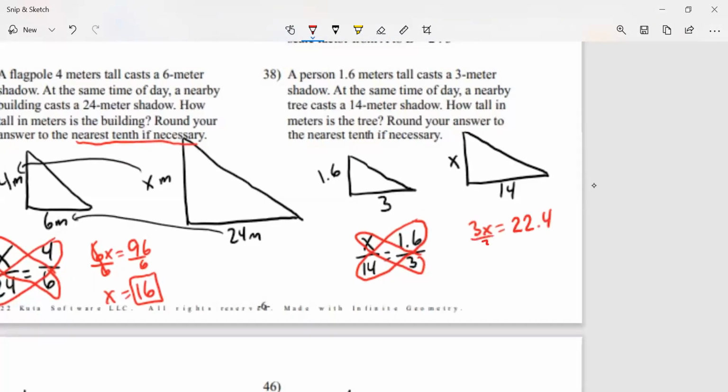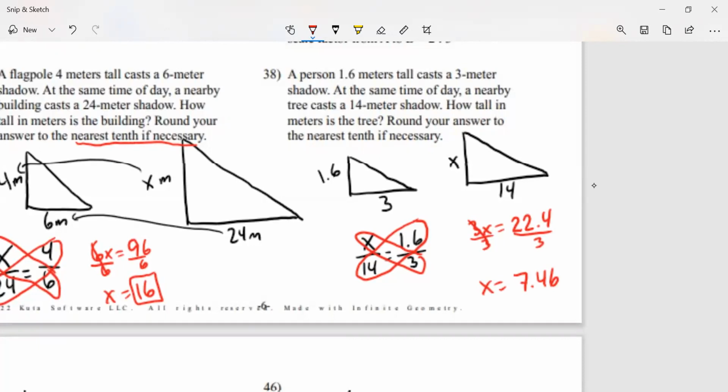Let me divide by 3. 22.4 divided by 3, according to my calculator, is 7.46 and then a bunch of sixes.